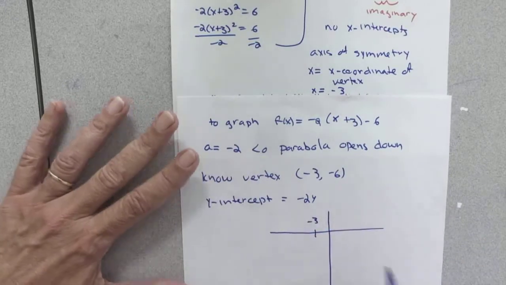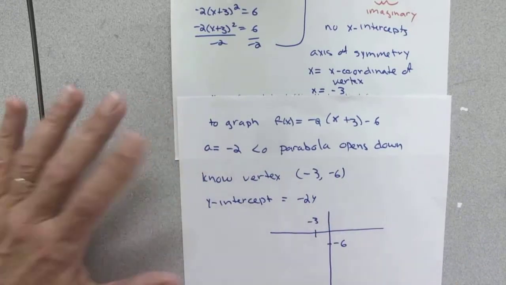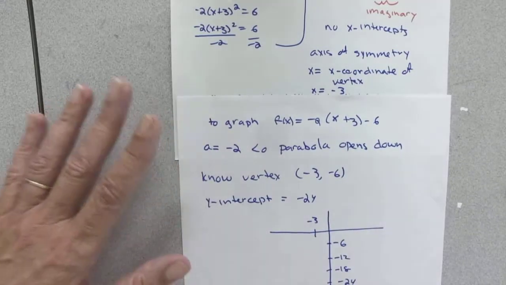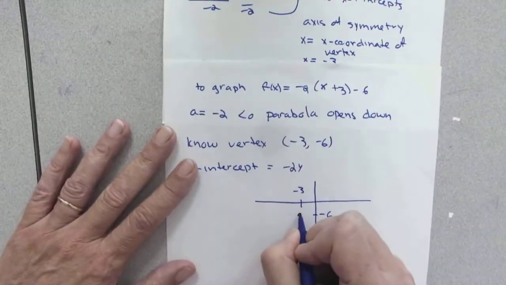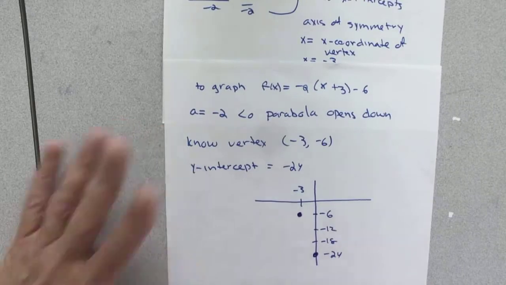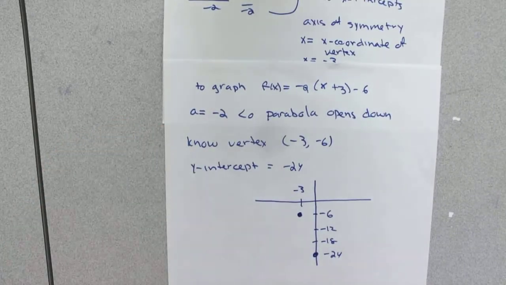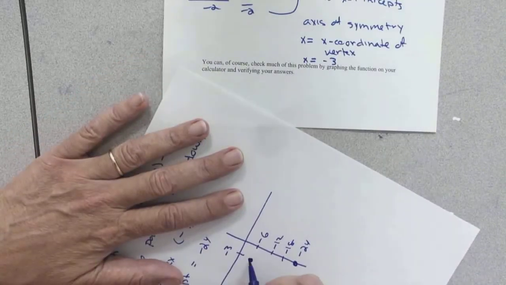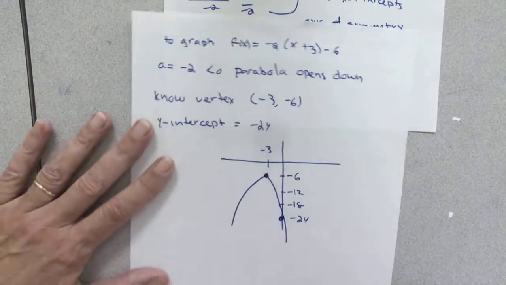-3, and then -6, and let's call that -6, -12, -18, -24. You know, graph appropriately. So there's my vertex, there's my y-intercept. We know the parabola opens down, and then you just do your best to draw a parabola that opens down.